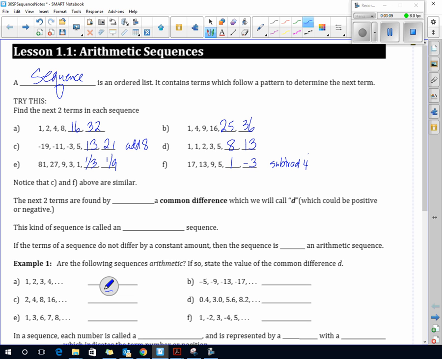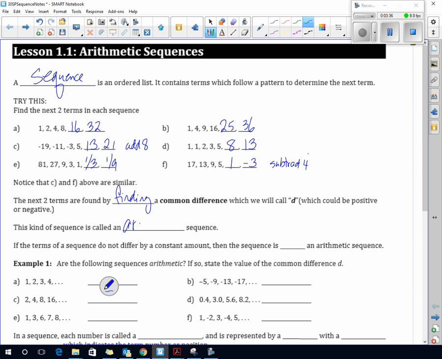A common difference could be positive or negative. So in C's case, the common difference was a positive 8, and F's common difference would be a -4. This kind of sequence is called an arithmetic sequence. So when you're adding or subtracting a common number, that's called an arithmetic sequence.